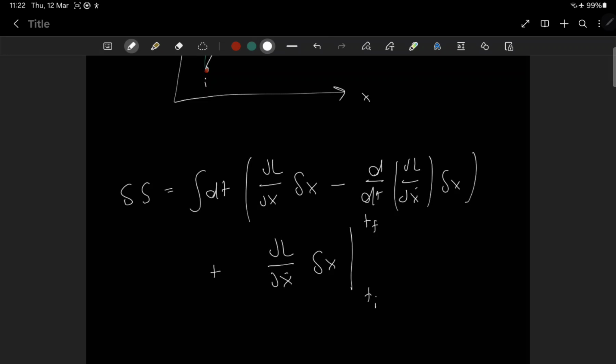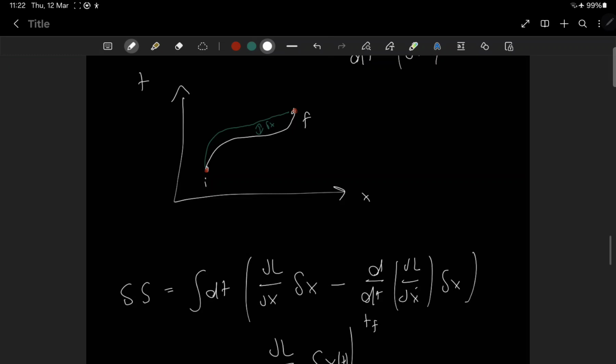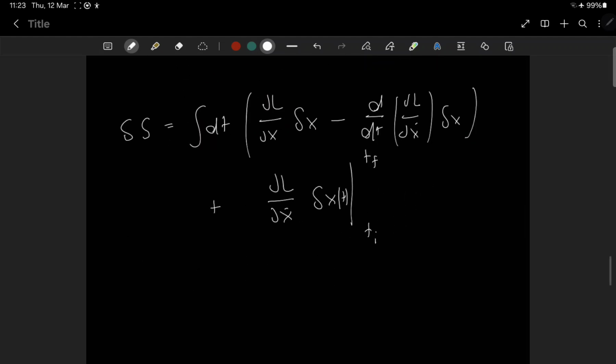Now don't forget that this delta x is actually a function of t, right? Because we have different trajectories, and at each time point we perturb the actual trajectory by an amount delta x. So this is basically the integral dt of partial L by partial x minus d by dt of partial L by partial x dot, times delta x.